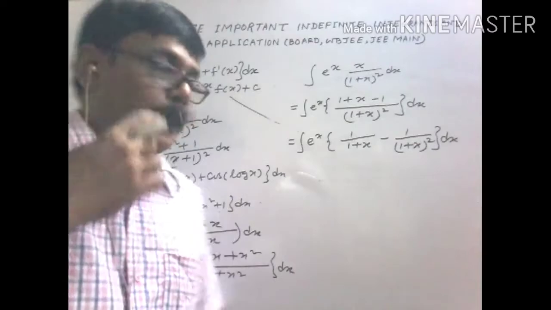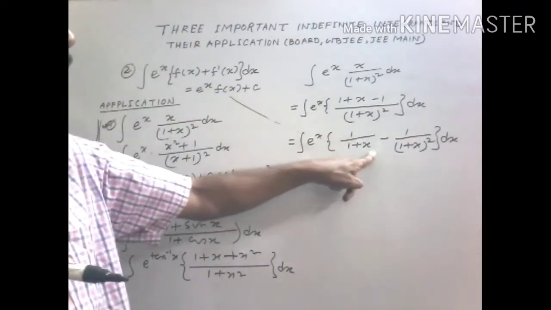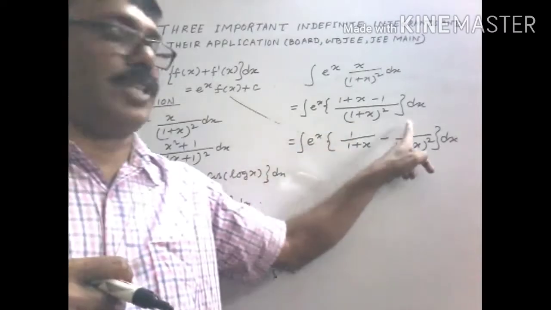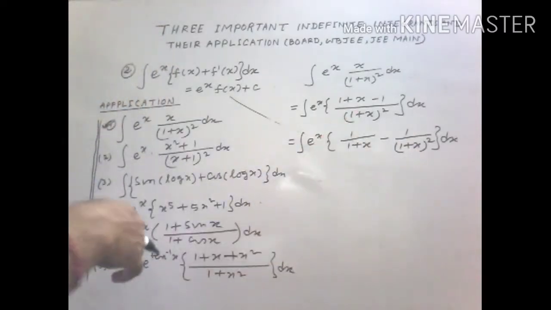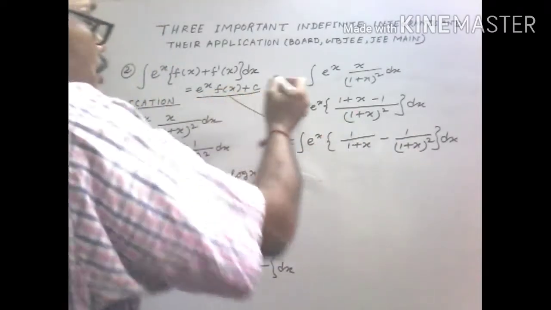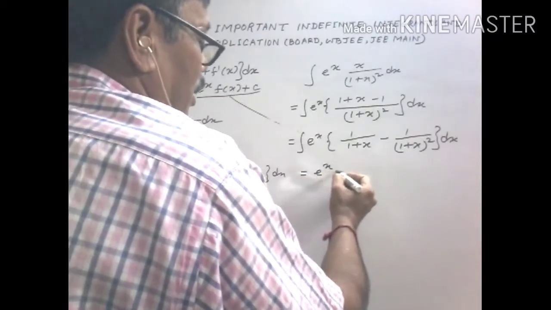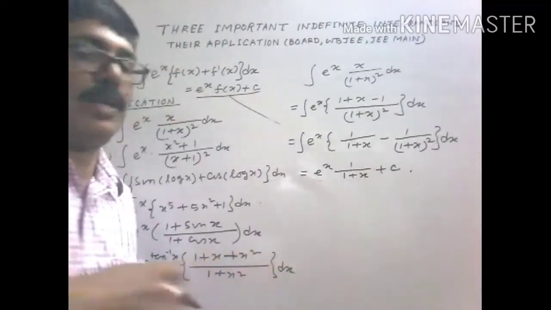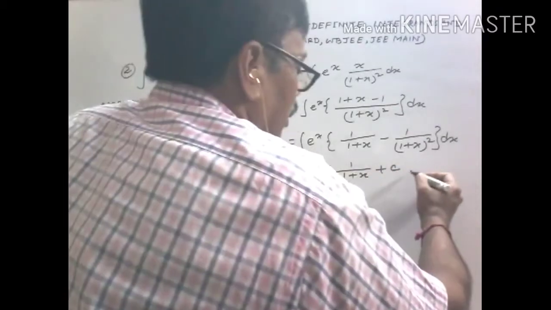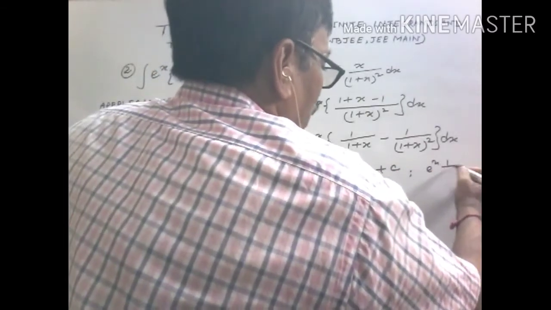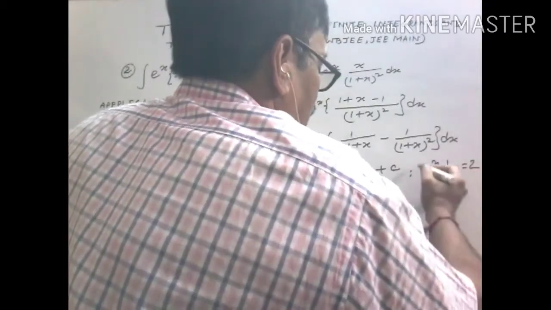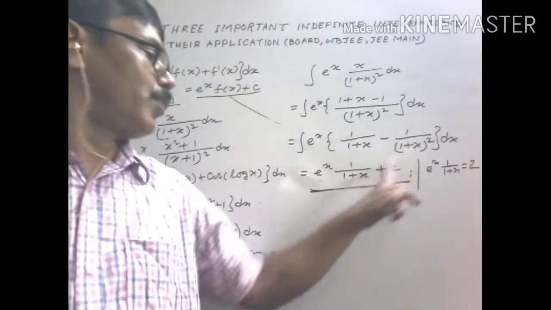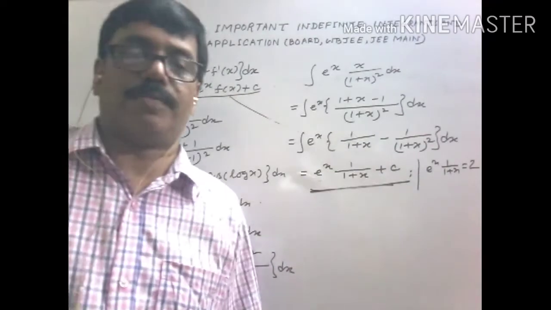Now look, if we consider 1 by 1 plus x as fx, then its derivative is this one. So the answer is, we can write directly, e to the power x, 1 by 1 plus x plus c. If it is a board problem, you write this step and differentiate; otherwise it is in standard form, e to the power x into fx.